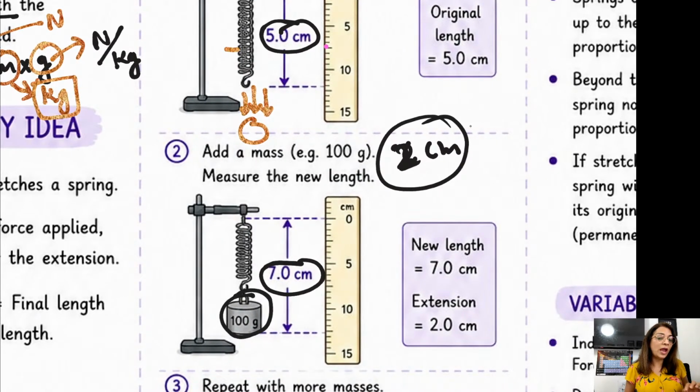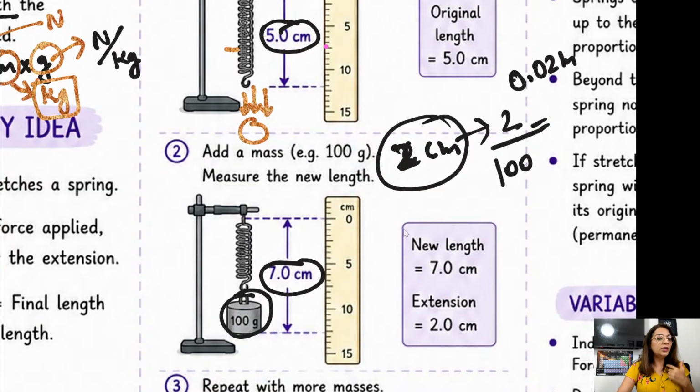We need every single length, whether it is a wavelength, whether it is extension, any kind of length, in meters. People feel like, oh, a spring is very small, extension is very small, so it should be centimeter. No. The standard unit is meter, so you need a conversion. You just divide by 100 to work it out in meters. 0.02 meters will be the extension.